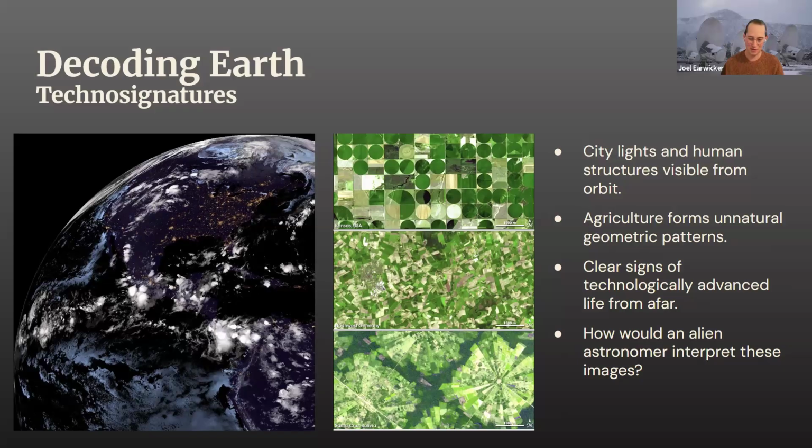We can also look at more close-up images of the surface of Earth to unveil these unnatural agricultural patterns that show up, which is another example of a technosignature. It's another sign that there is an intelligent, technologically advanced civilization here on Earth.